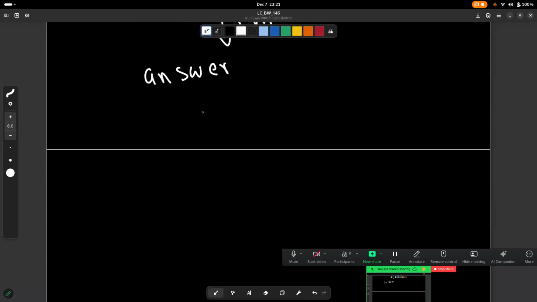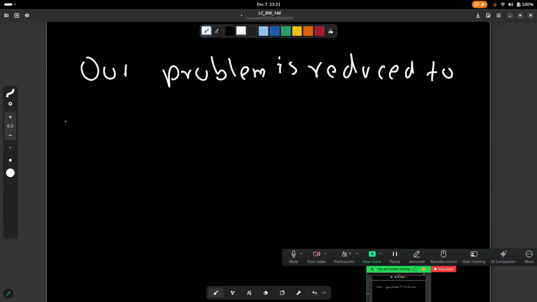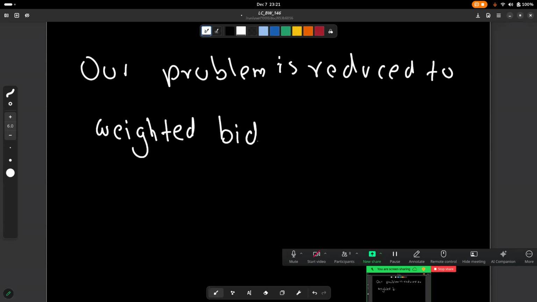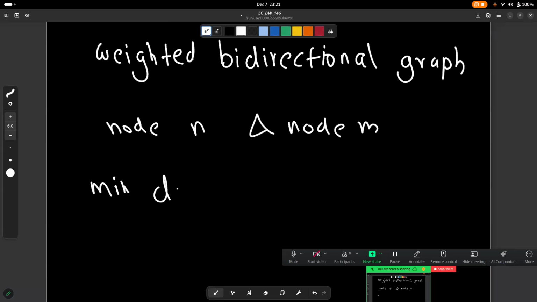And now our problem is reduced to this: we have a weighted bidirectional graph, and we have a node n and a node m, and we have to find the minimum weight of a path from n to m.